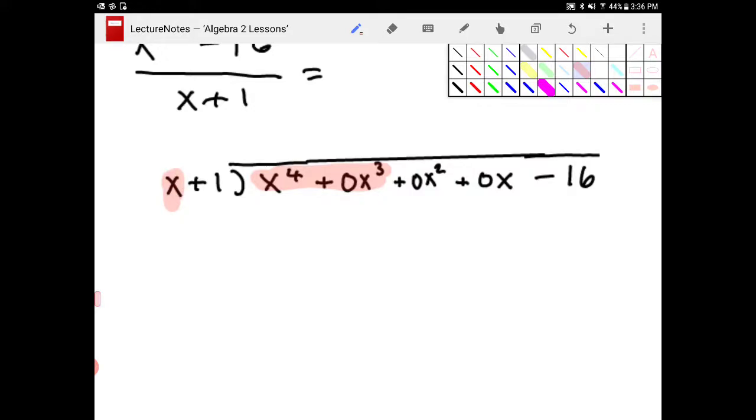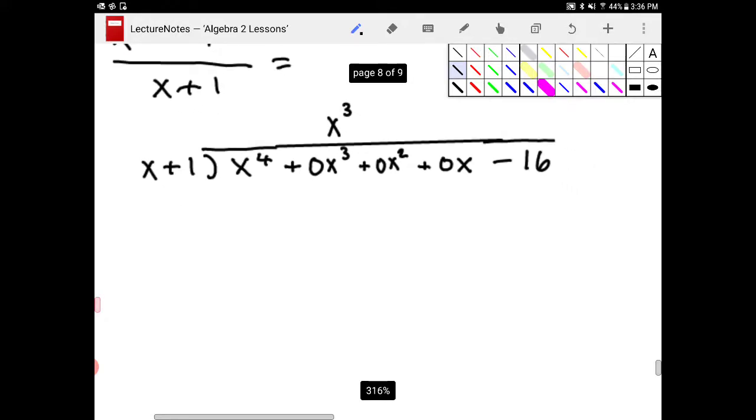Well, I would have to multiply by x to the third. And I'm going to place x to the third over here on top of the placeholder for x to the third. Do you see the similarity in performing long division with an actual number here? So I take x to the third and I multiply x plus 1 with that. And what I get is x to the fourth plus x to the third.